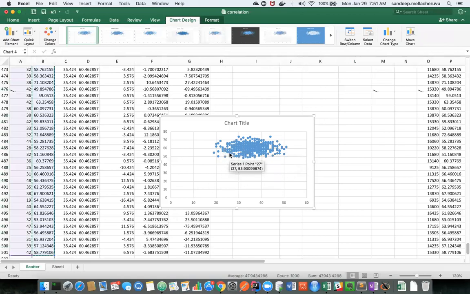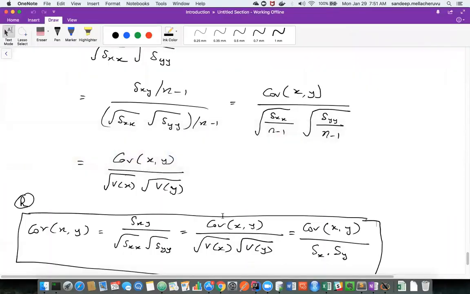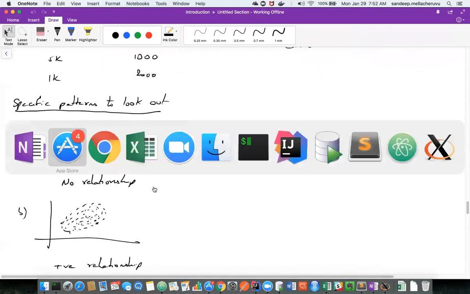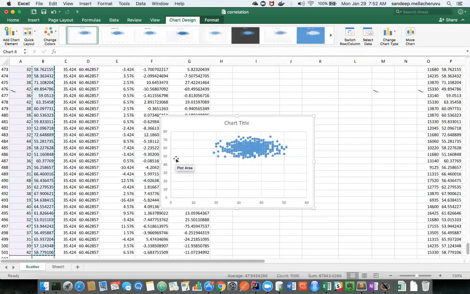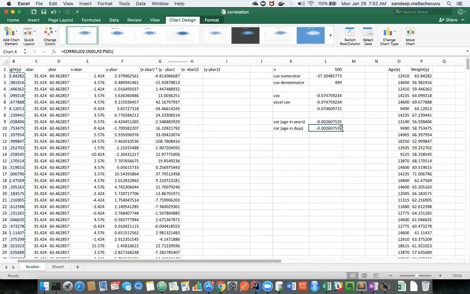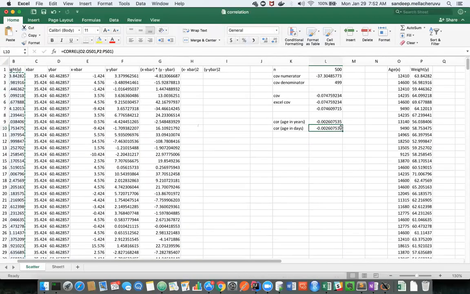It's almost parallel to the x-axis. What did I say? When the data is either parallel to the x-axis or parallel to the y-axis, then there is no relationship. That's what I can see here. But the correlation value is showing very, very little correlation. It means that there is some negative correlation, but it is negligible. Can I say that?